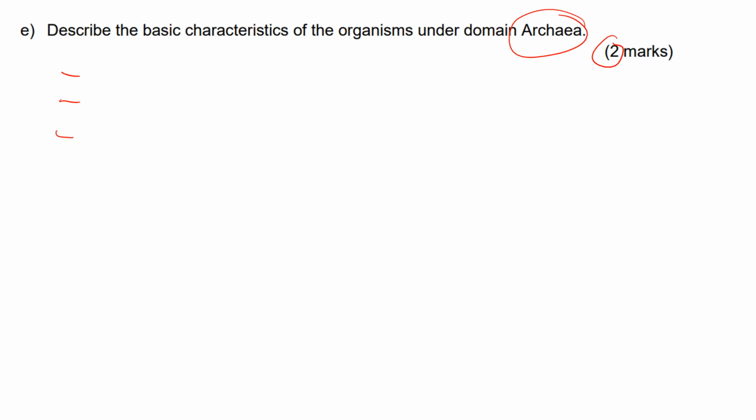And then obviously they are microscopic. You could also mention the composition of the cell wall. For archaea, the cell wall is not made up of peptidoglycan. For domain bacteria, the cell wall is made up of peptidoglycan, but not for archaea. For organisms under the domain archaea, the cell wall is made up of protein and also polysaccharides.